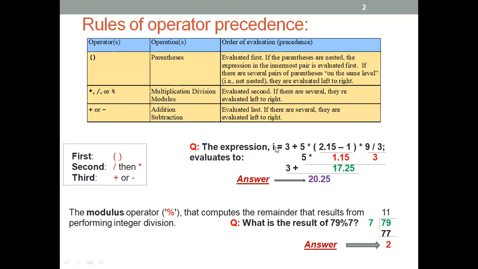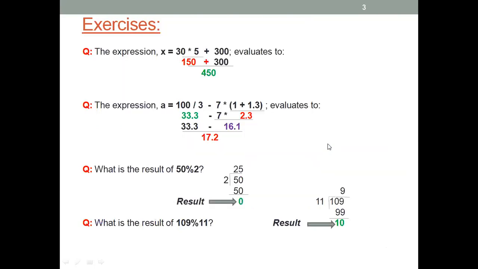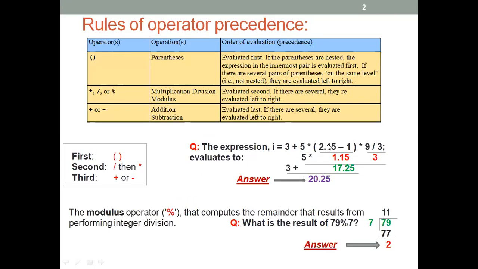So when you look at this equation, the first thing you have to check is whether there is a parenthesis or not, an open and close parenthesis. You have to solve this one first. 2.15 minus 1 is 1.1. Then the next step is to solve the multiply and divide.